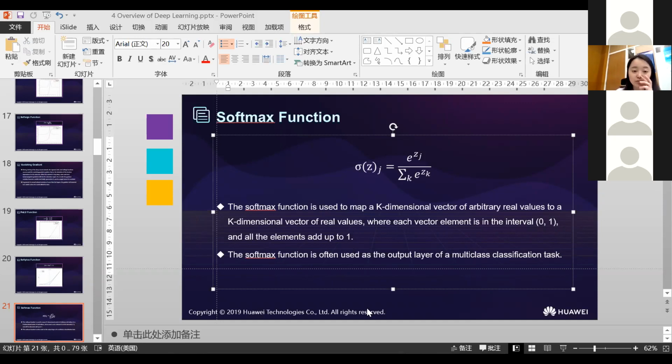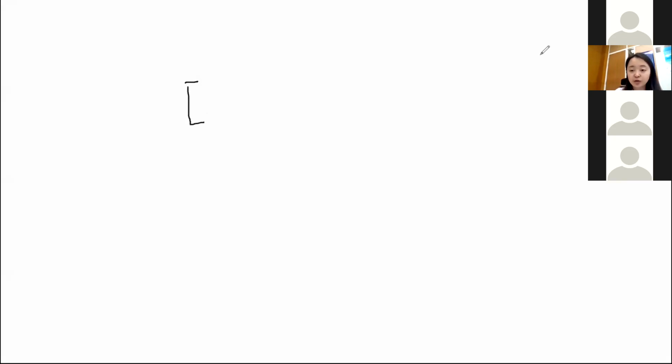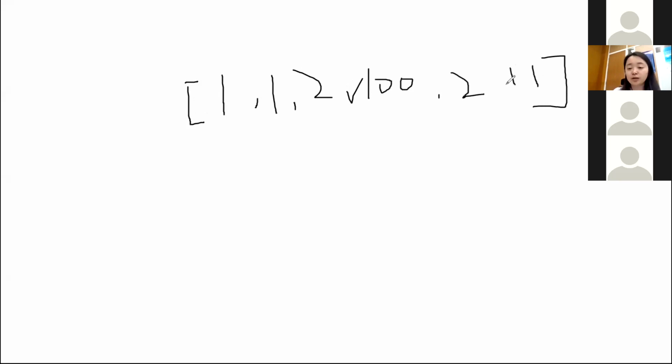So let's have an example. Here we have a vector, maybe 1, 1, 2, 100, 2, 1, 1.